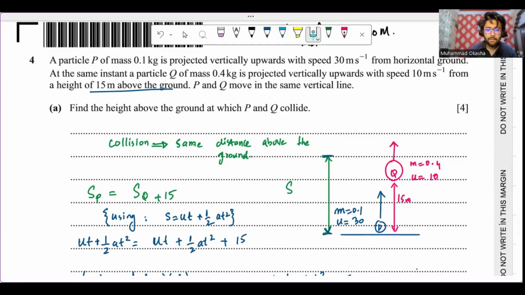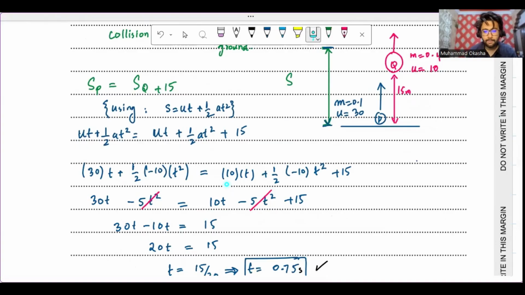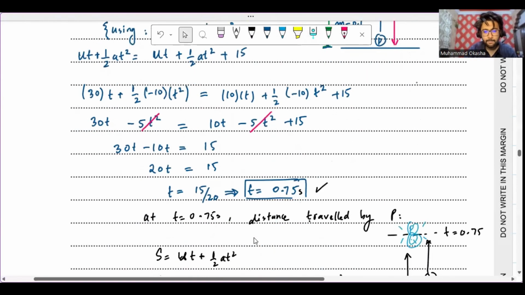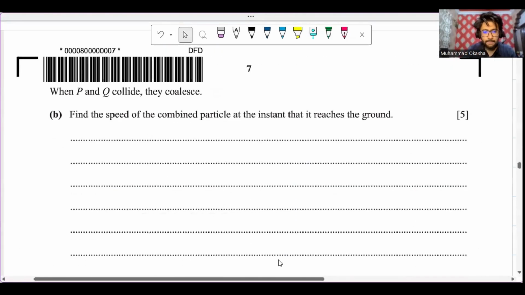So the distance traveled by P would just be SP, but the distance traveled by particle Q would be SP plus 15, because it was already 15 meters above the ground. I used this equation to work out the time, and found that they collided at t equals 0.75 seconds. Then I used this time to work out the vertical distance traveled. I hope it makes sense.